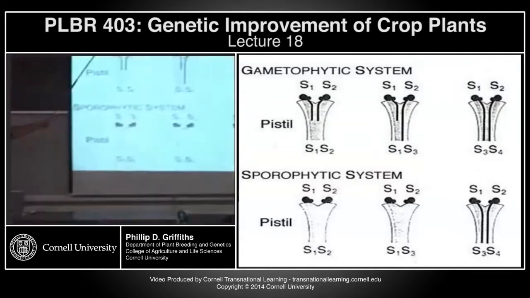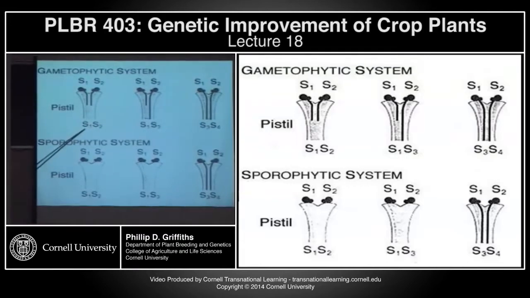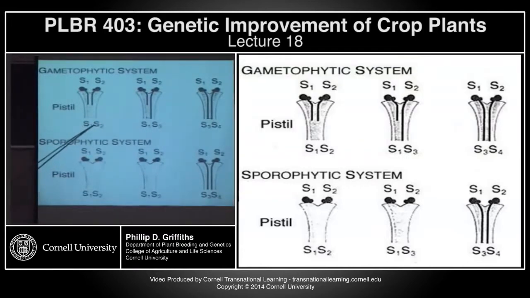In the case of the gametophytic system, if the female flower was S1, S2, it would prevent S1 and S2 pollen grains from fertilizing it. So its own pollen grains would not be able to fertilize the flower.